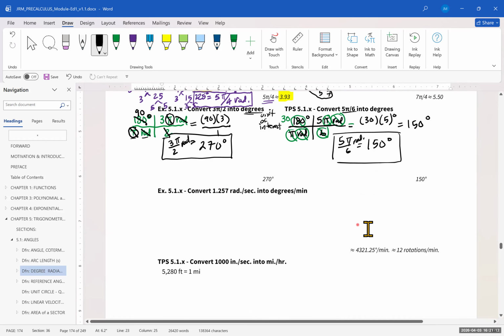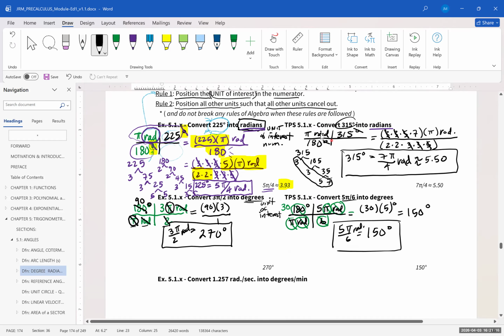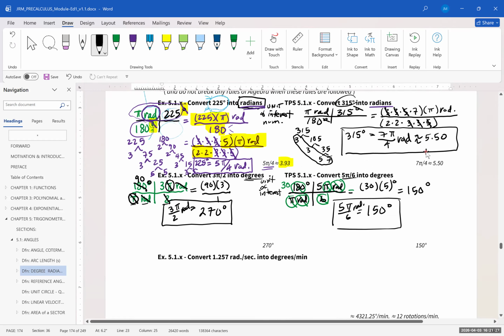Now, what about this next one? Here you might have thought, oh, Dr. Morales, this is just overkill. I'll just take pi, multiply by 315, divide by 180, and I'm done. Okay. And, again, I'm keeping the examples simple to demonstrate the idea.